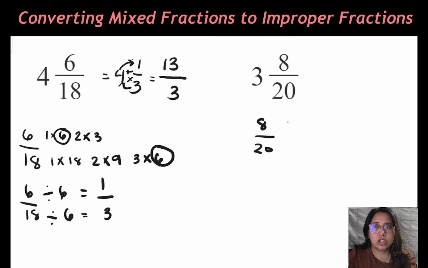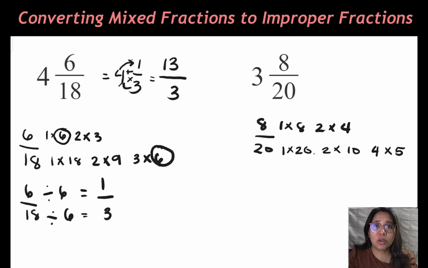So, ililista natin yung kanyang mga factors. So, we have 1 times 8, 2 times 4, okay. And then, dito naman sa 20, we have 1 times 20, 2 times 10, and 4 times 5. Okay.